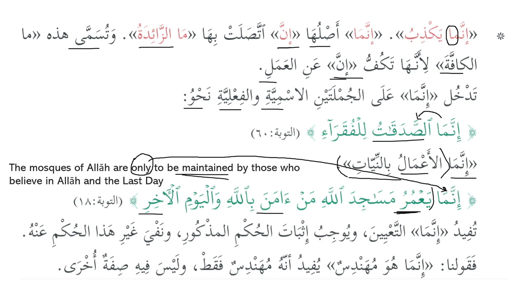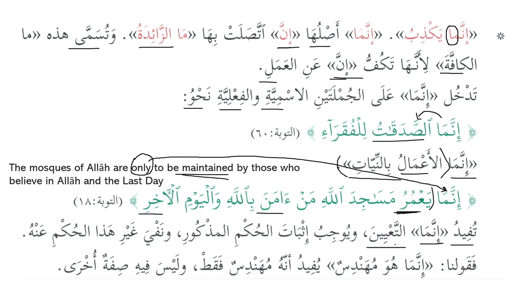Also, it says tufidu. The second benefit of innama is also very important. Do you remember the second benefit of innama? I told you in the beginning. Tufidu, it gives the benefit, or tufidu innama. Innama gives the benefit of ta'yin. Ayyana yu'ayyinu ta'yinan, to specify.